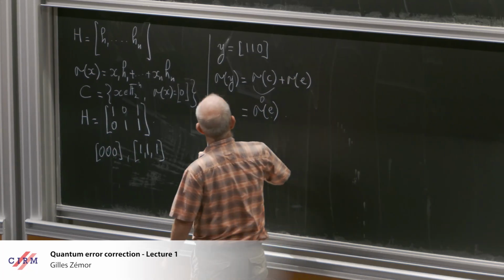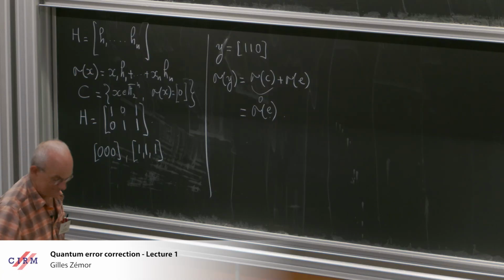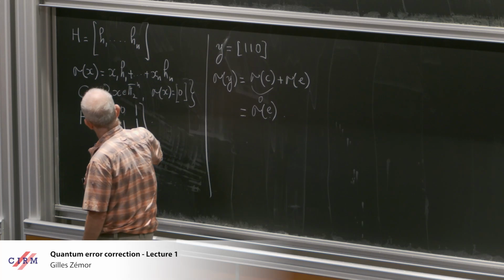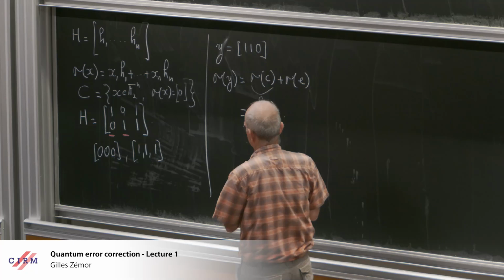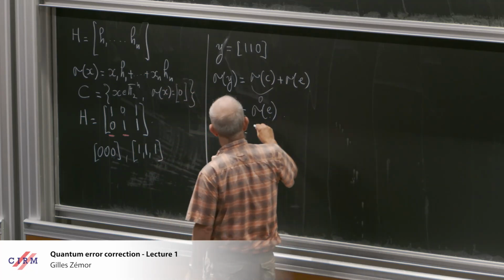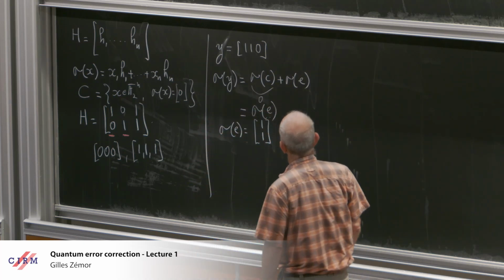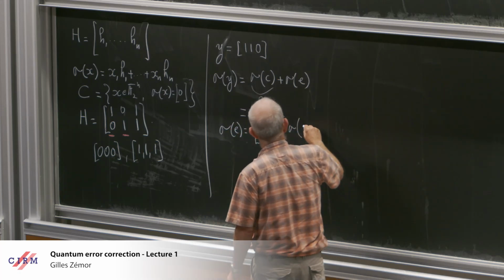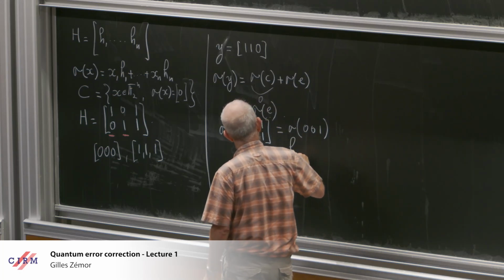So in our example, computing syndrome of e just means adding the first and second rows of the parity check matrix, which gives you the vector 1, 1. And here you realize that this is the syndrome of 0, 0, 1. This is column H3, in other words.